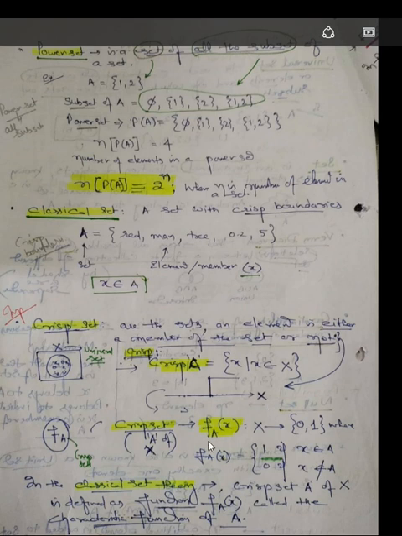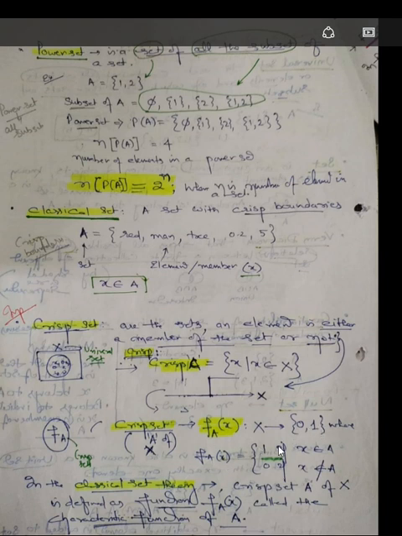So the crisp set function fA of x. We say the crisp set function f of a given set A. So A is a set and its crisp set function of element x is denoted over the universe of discourse, which has two elements, 0 or 1.